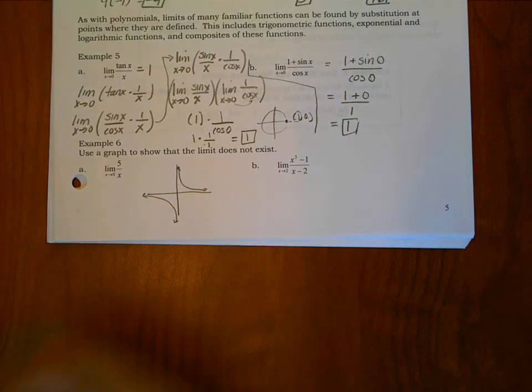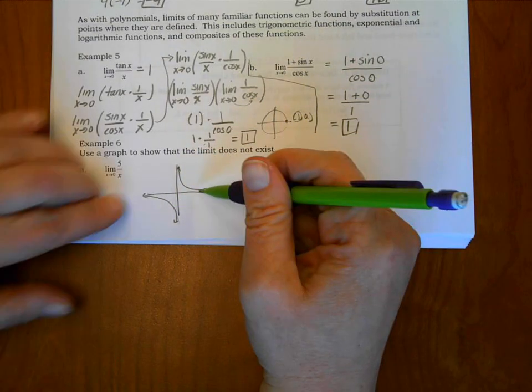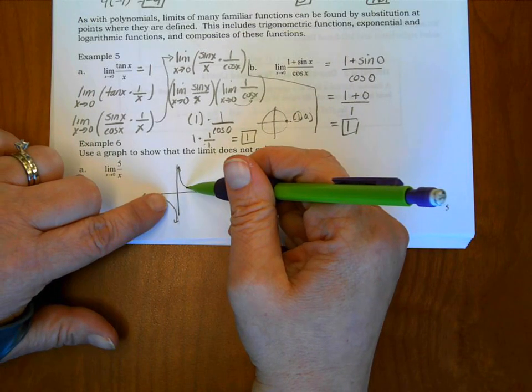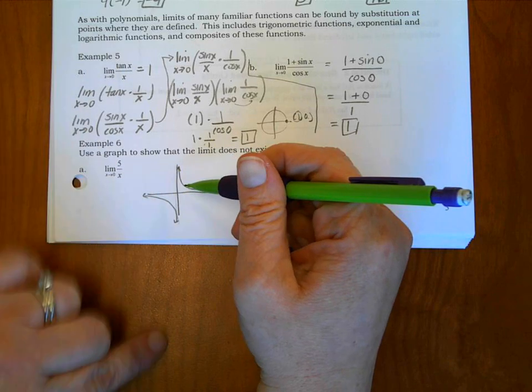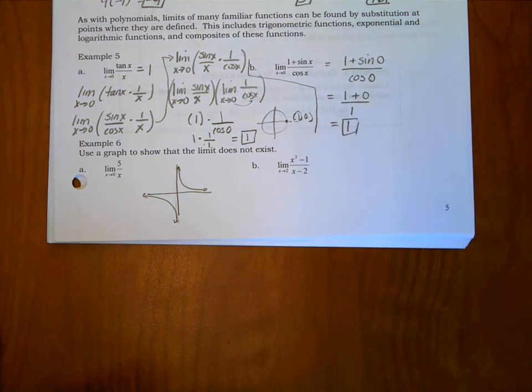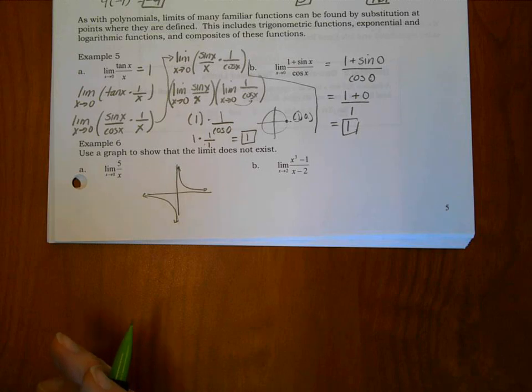If you approach 0, so here's 0 right here, from the left and the right, what's happening? Are you getting closer to a particular value? From the left, you're going down to negative infinity. From the right, you're going up towards positive infinity. So what's happening is you have a 0 in the denominator. It doesn't cancel. It's causing a vertical asymptote.